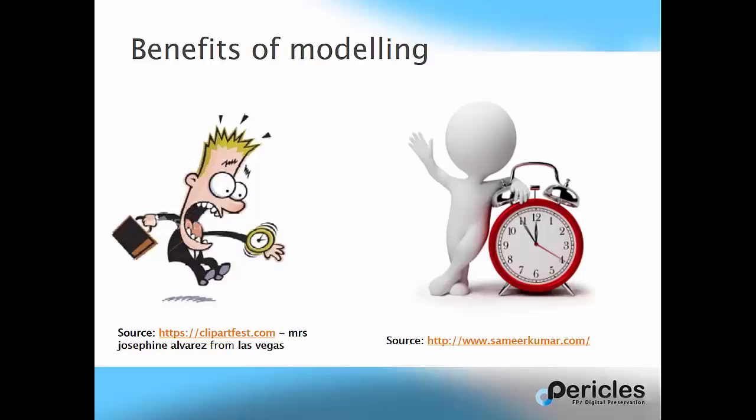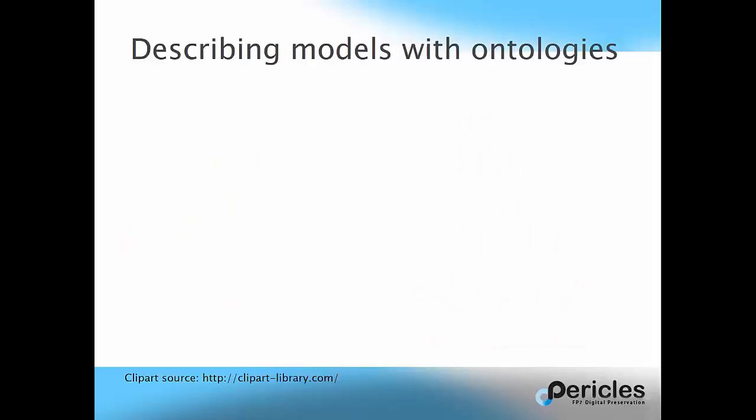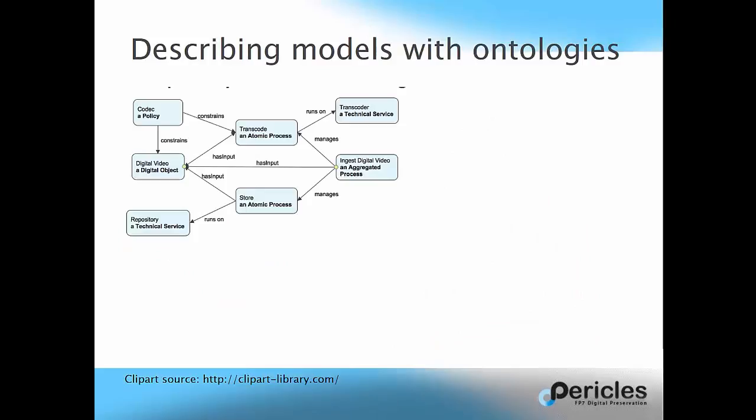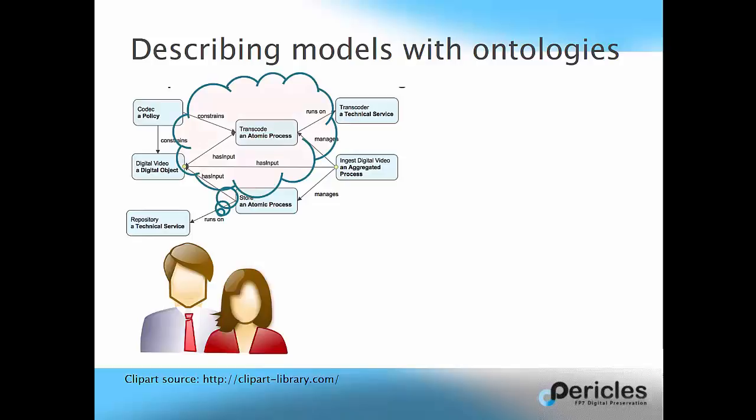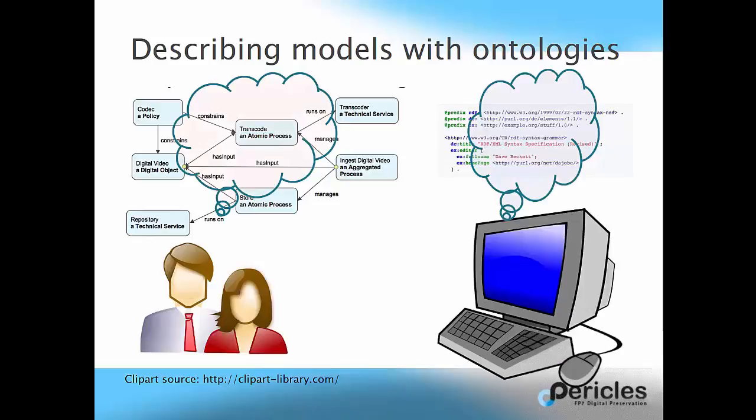To describe models, you need ontologies, which provide you with the generic terms for the entities and their relationships. The interesting thing about ontologies is that they are the connection between the human and the machine, as both understand them. For humans, they are often expressed in visual forms, for machines in computer-readable formats.